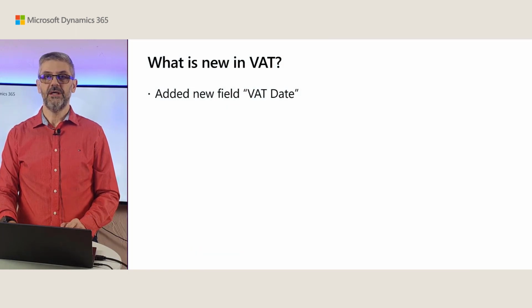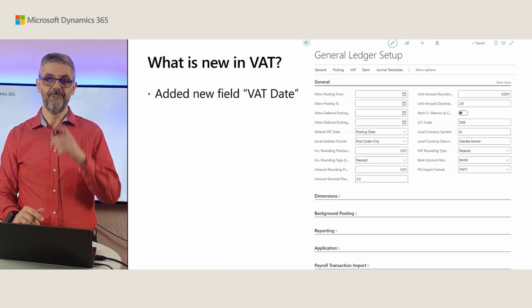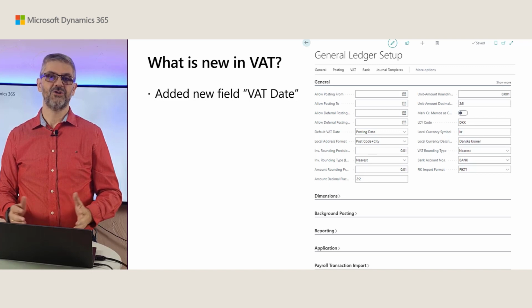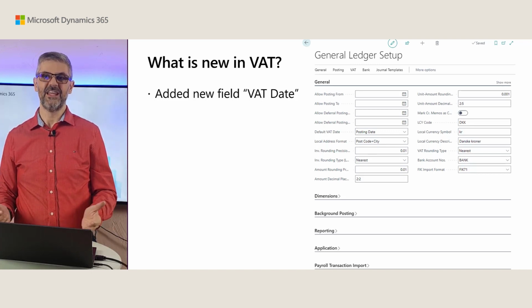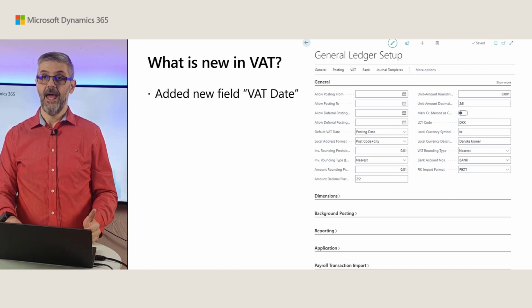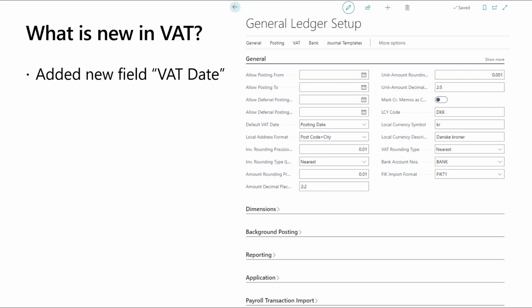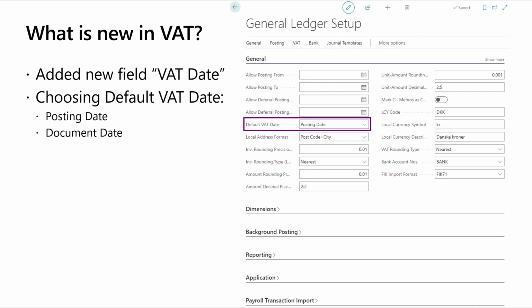If you look at what is new in VAT, mostly you can find actually only one new field, VAT date. We can start with general ledger setup, where you can set up the default value for VAT date. When you choose the default value, you can choose between posting date and document date.